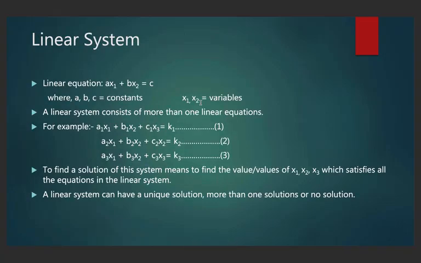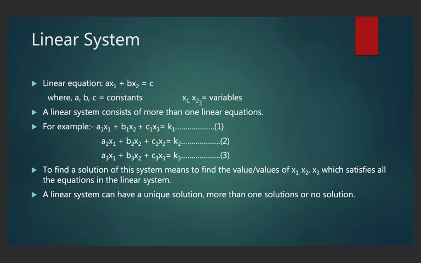So what's a linear system? You must have known a linear equation like y equals mx plus c. Similarly, here you have a x1 plus b x2 equals c, where a, b, c are constants and x1, x2 are variables. A linear system consists of more than one linear equation.